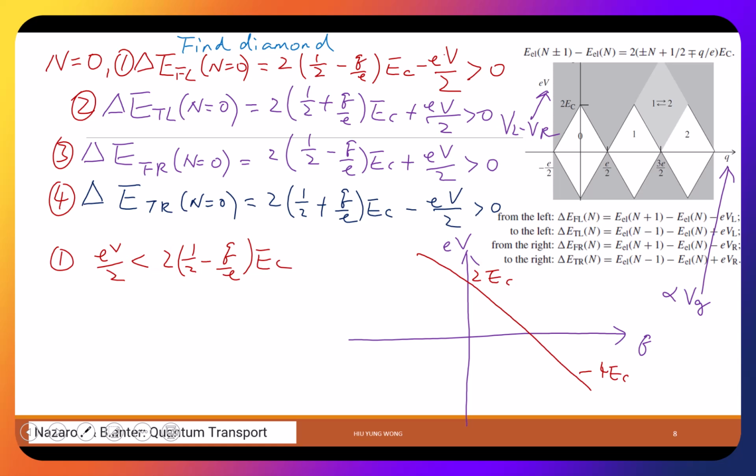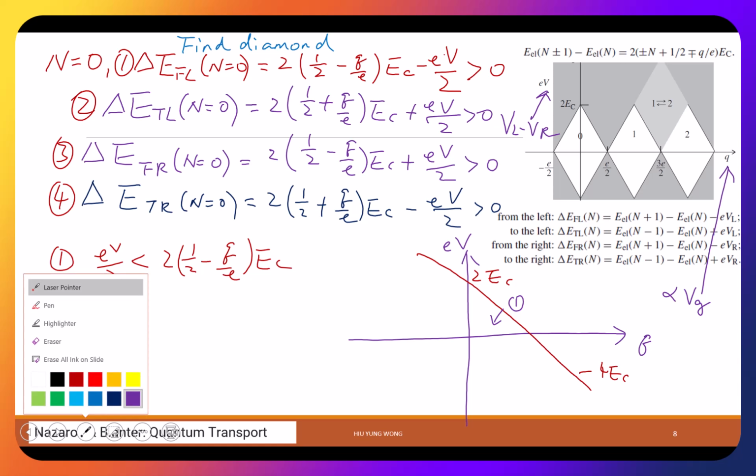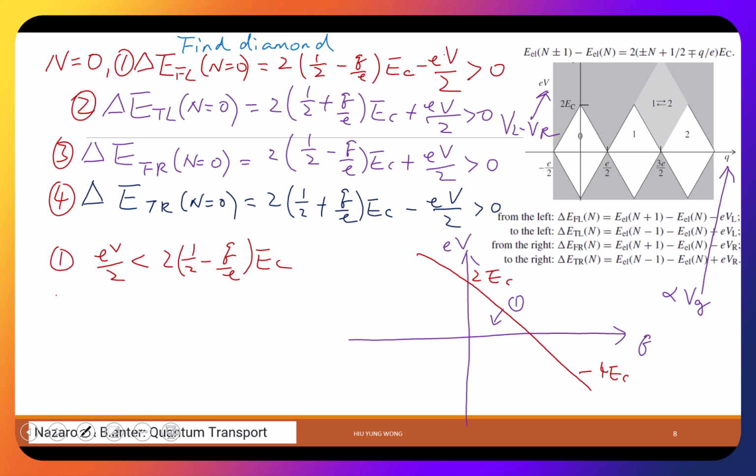Smaller means in this direction. What we are plotting is y equal to mx plus c, and this region is y smaller than mx plus c. Make sense? So we repeat this for another curve, 2. What does 2 say?